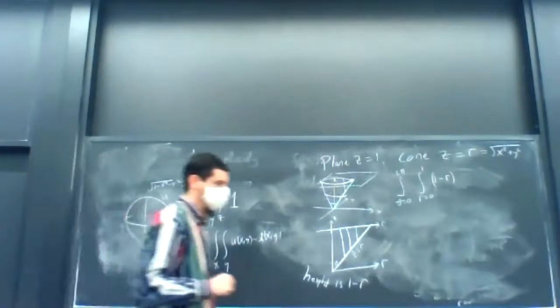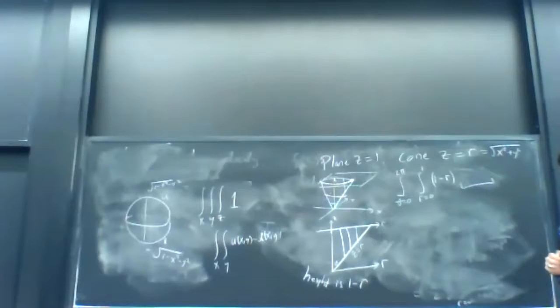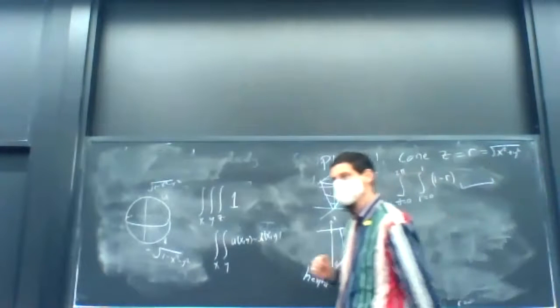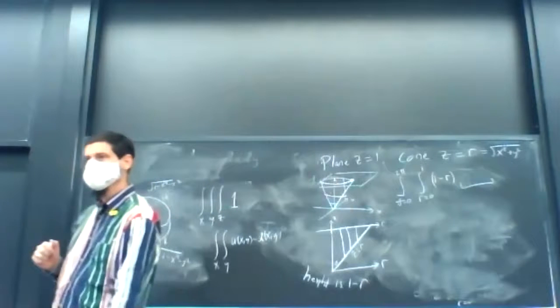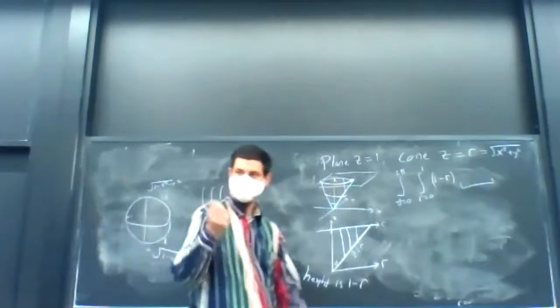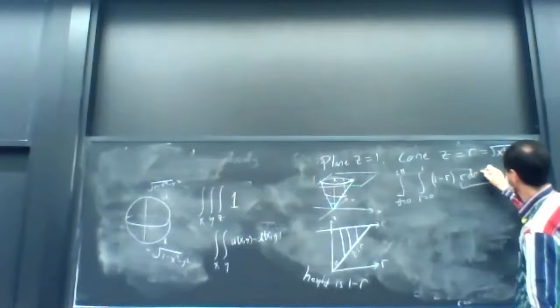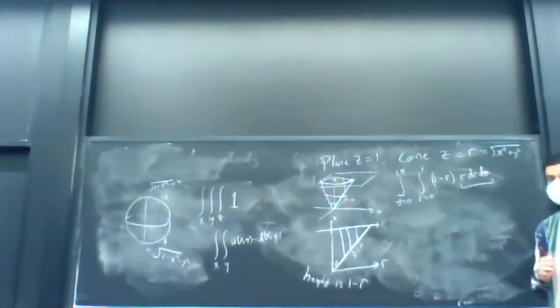And now, what do I put over here? What's my area element? I'm integrating in polar, so what's my area element? r d theta. Is this a nice integral?